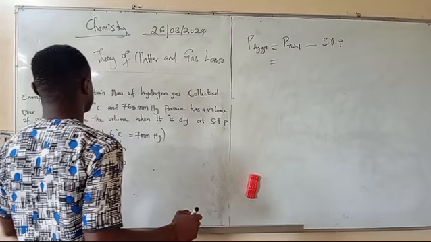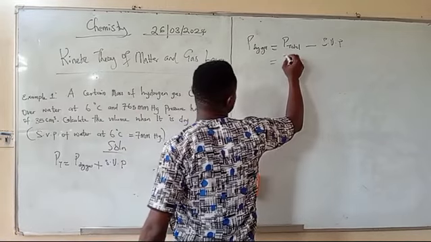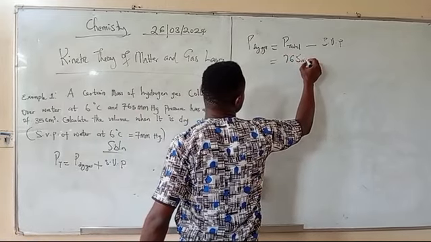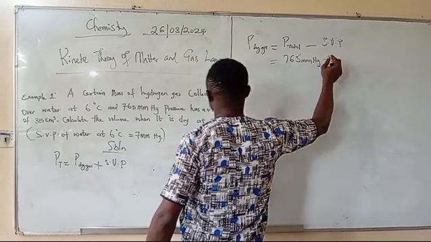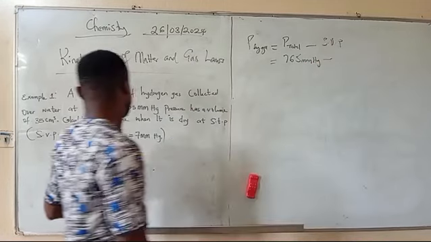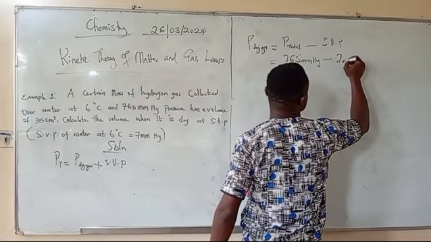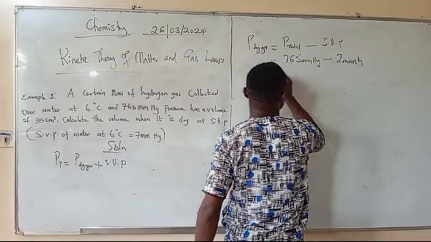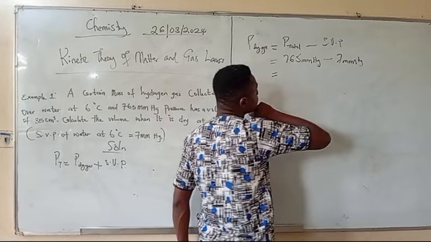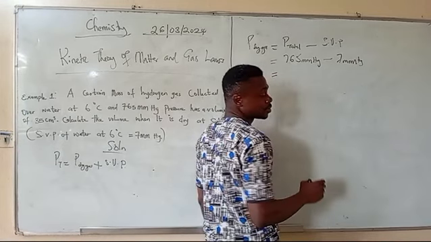What's the answer? 758 millimeter mercury. This is the pressure of the dry gas. At, remember, the temperature is 6 degrees Celsius.